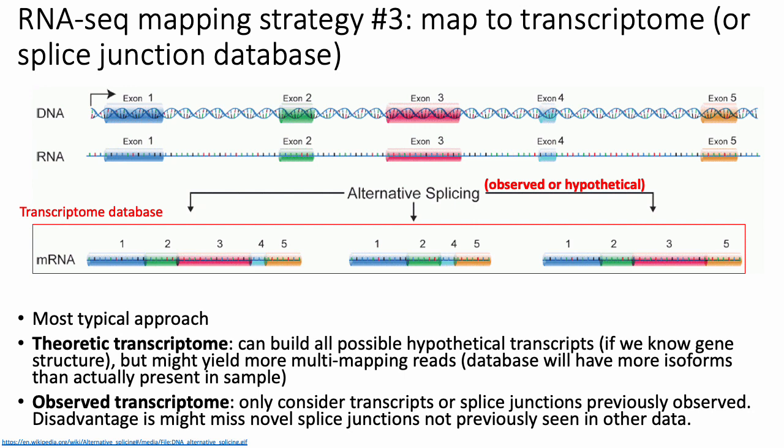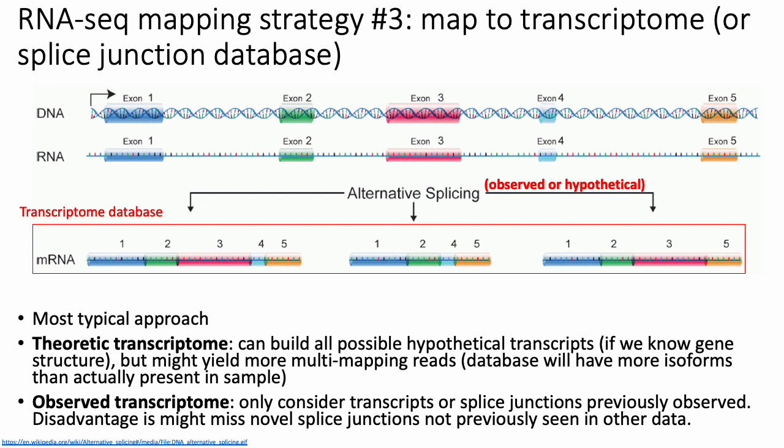And so you typically also might know what the general intron and exon structure of most of those genes are. And so the idea is that either theoretically or using previously collected data, you take your genome sequence and you build possible isoforms out of those genes.